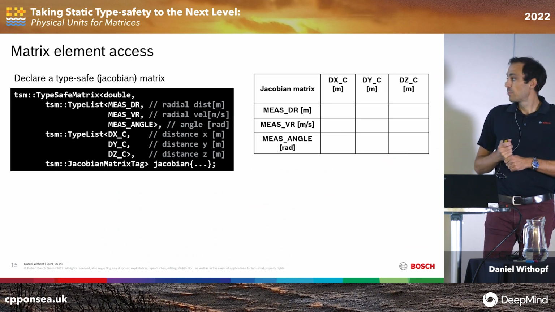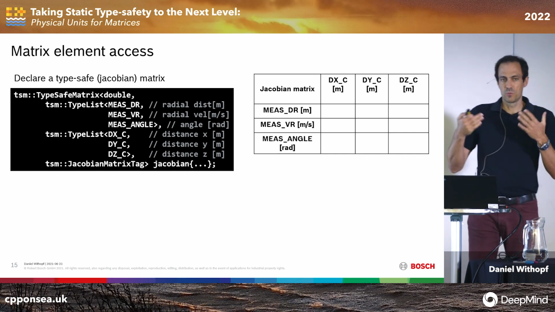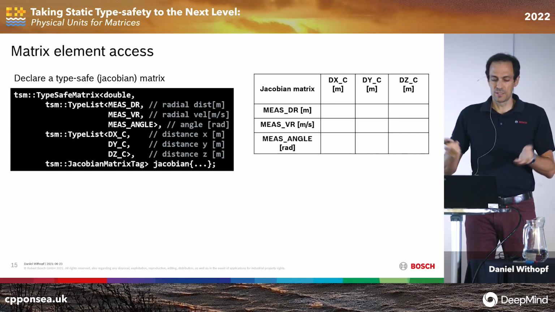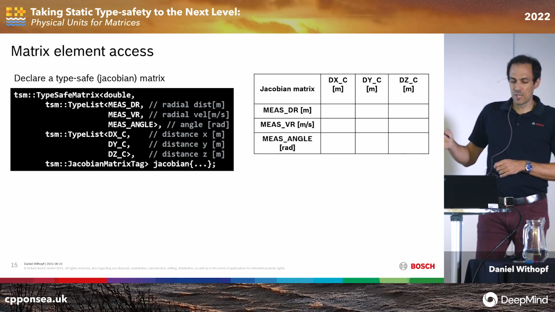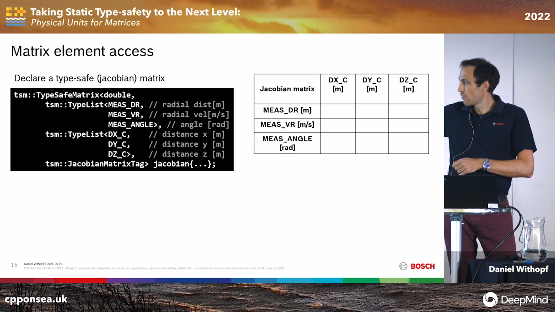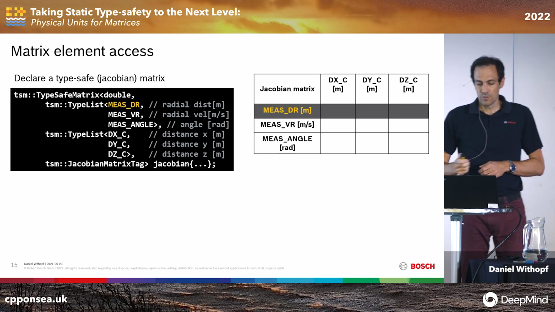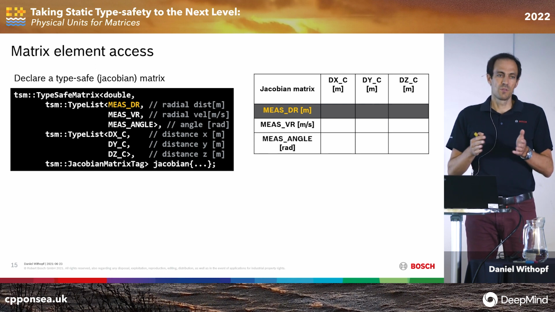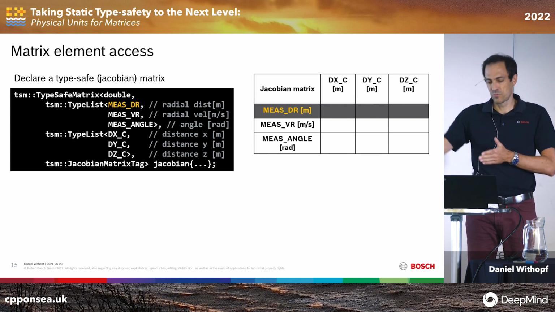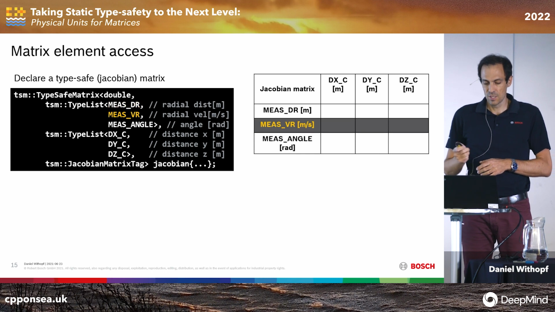Good, now I want to explain how we access the elements of a matrix and what the resulting unit should be in that case. So what we're constructing here is a Jacobian matrix. So maybe just look at the picture here on the right-hand side. So the rows describe the measurement dr, that's a radial distance that could be from a radar sensor, so distance to the next vehicle target that has been found.